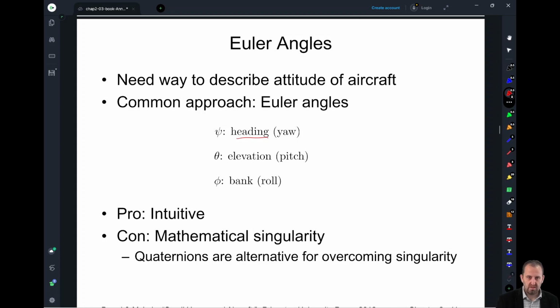By the time we've gone through these 3 rotations, instead of having the axes parallel to the northeast down frame, they'll be aligned with the vehicle like we just saw. Now there is a drawback. We do have a mathematical singularity. We've talked about that in previous videos, and we can just convert this Euler representation over to a quaternion.